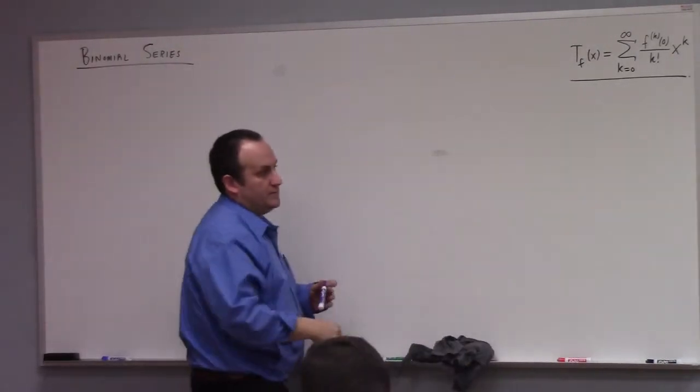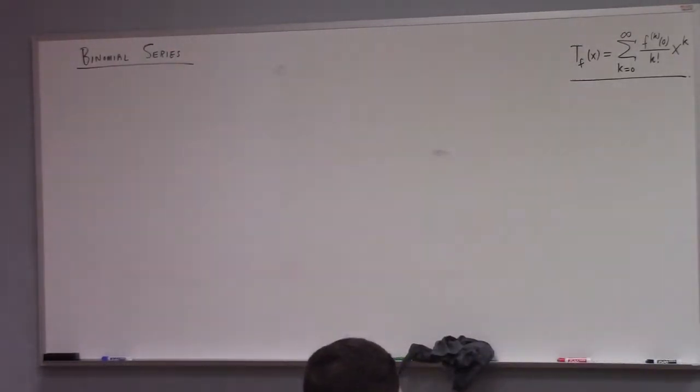One thing I could do, I'll even do it over here, simple thing I could do, I can just take my previous example and multiply by x squared. What's the power series for this, centered at 0?